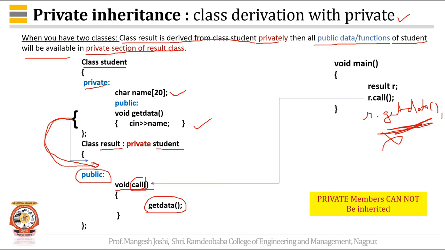Since the call function is in the scope of derived class result and it is declared in the public section of the class, it can be accessed by its object, and hence r dot call will work. So this r dot call will call this function, and as soon as it enters into this function, getData will be called. In this way the private inheritance works.